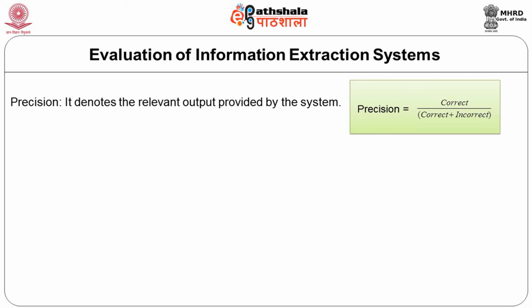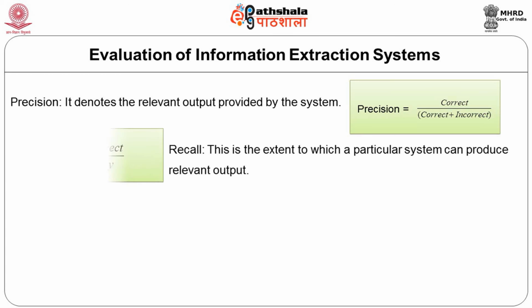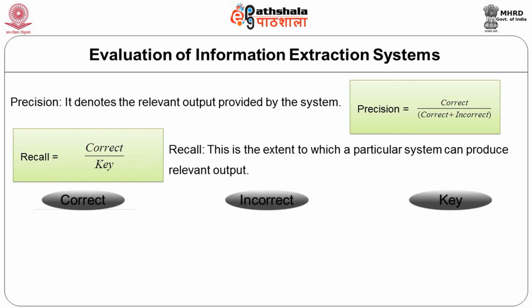Recall is the extent to which the particular system can produce relevant output. We define recall as the correct retrieved versus the key given. So we have defined the words correct, incorrect and key as follows here.